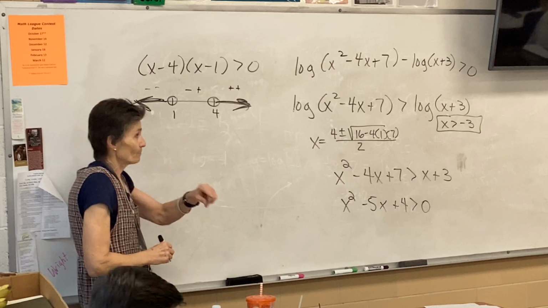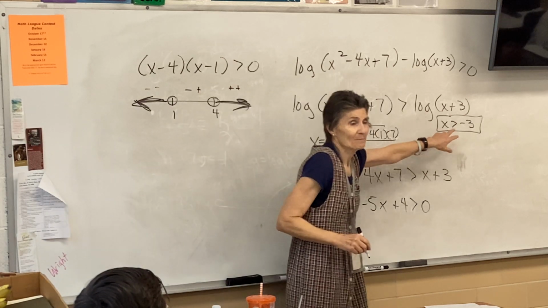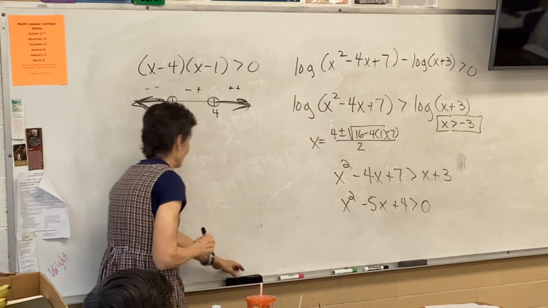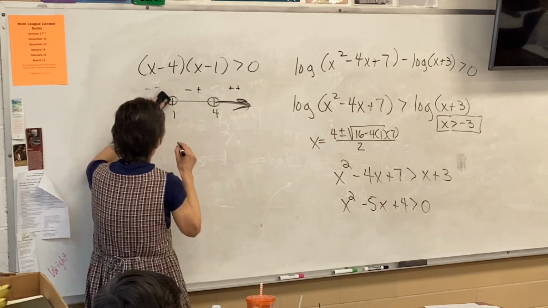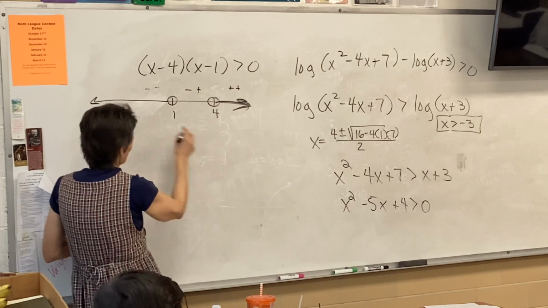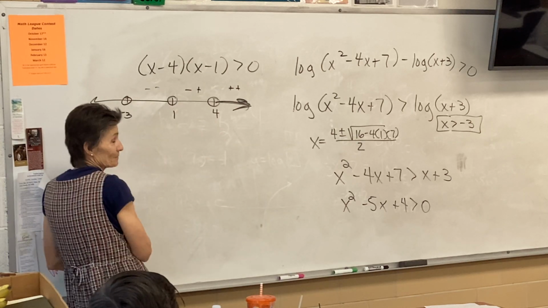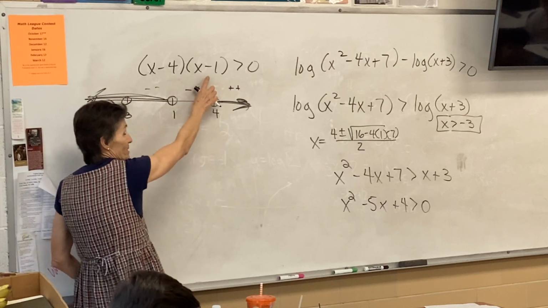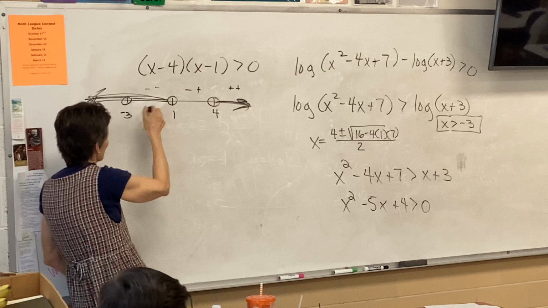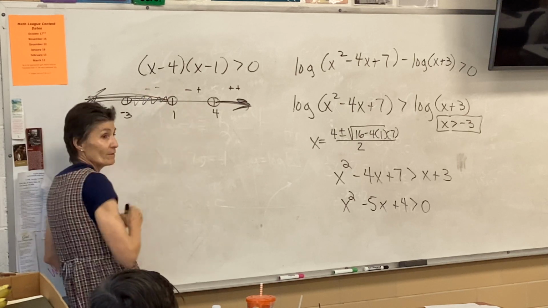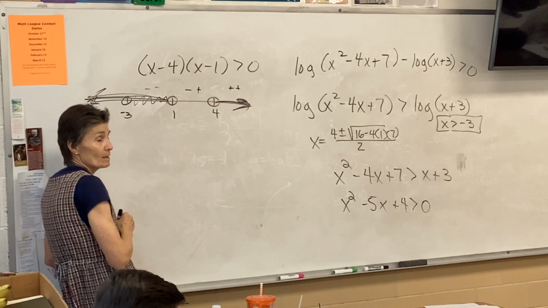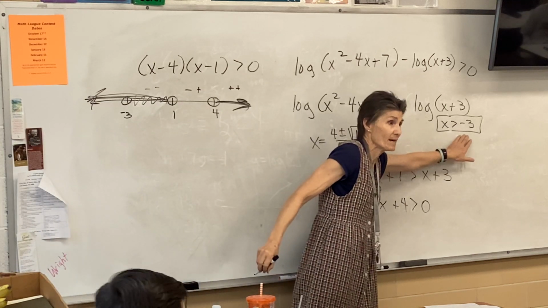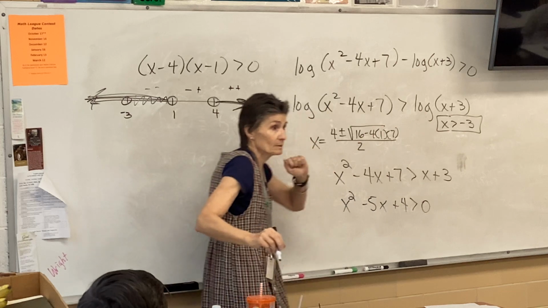Now be careful. Remember this right here? So actually on the number line, I have my -3 out here. And while all this is shaded as a solution to this, I really can only count this part of it, because whatever else happens in this problem, x has to be bigger than -3.